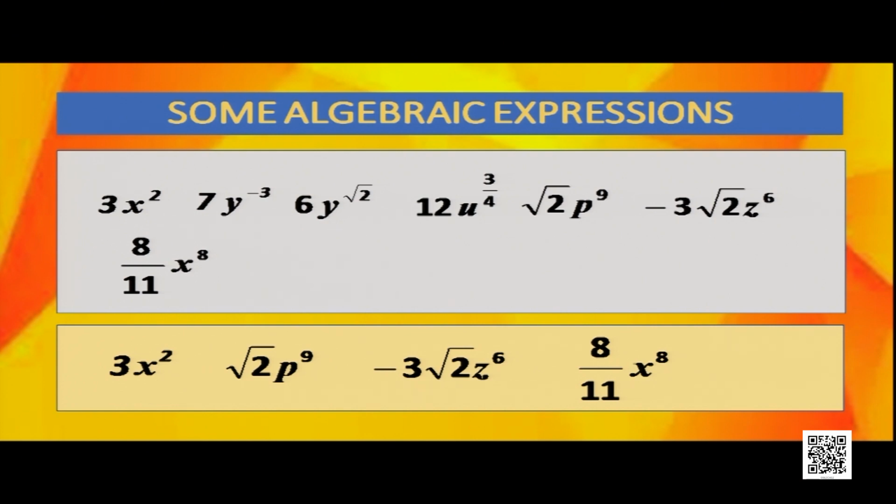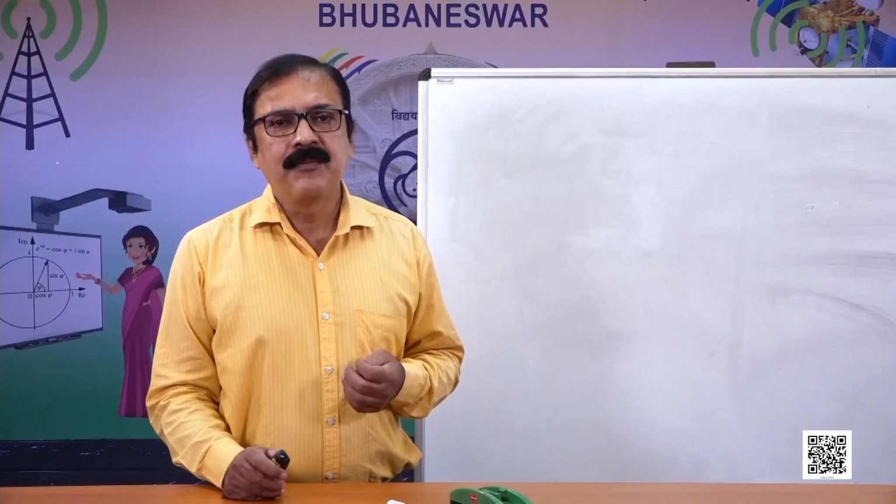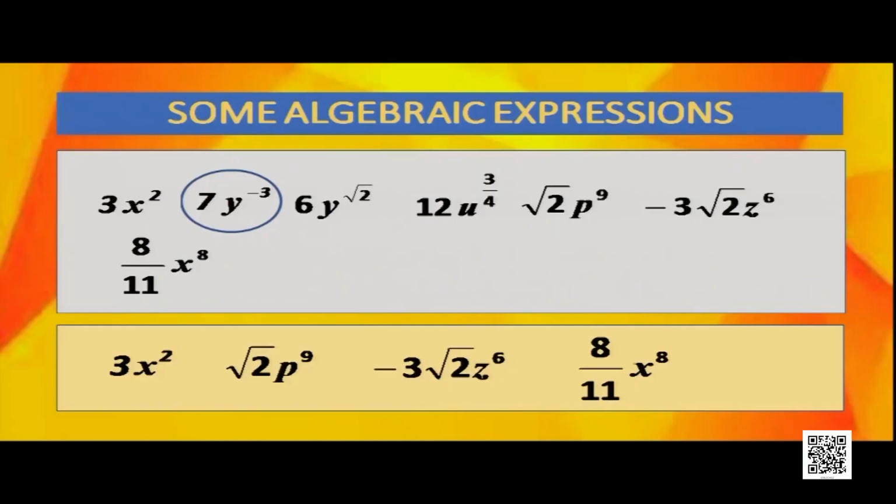The remaining algebraic expressions are 7y to the power minus 3, 6y to the power root 2, and 12u to the power 3 by 4. What is the difference between these? Why are the below four called monomials and the rest are not?